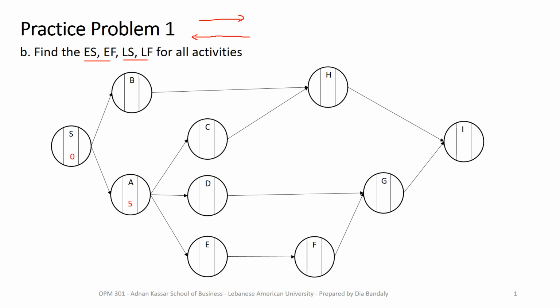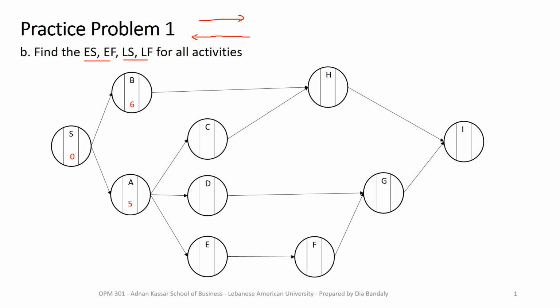Sorry, I just forgot to do that for you. In red, I'm adding the duration that's given for every activity. That's given, you don't have to find it yourself. So everything in red is given, and I'm putting it in red so that you distinguish it from the values that we are calculating.